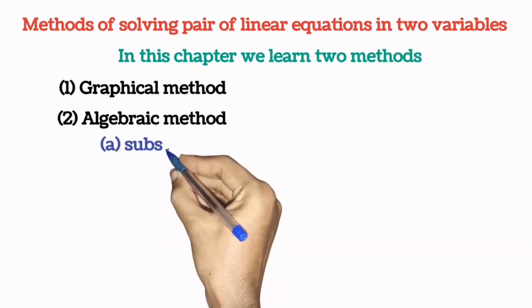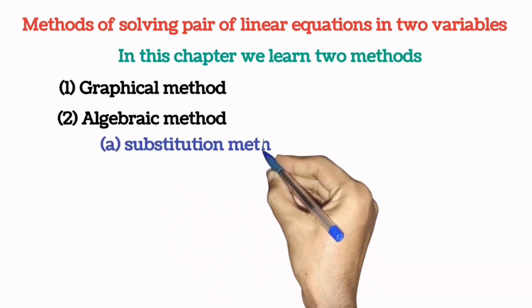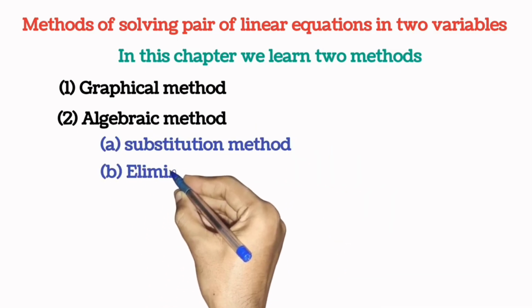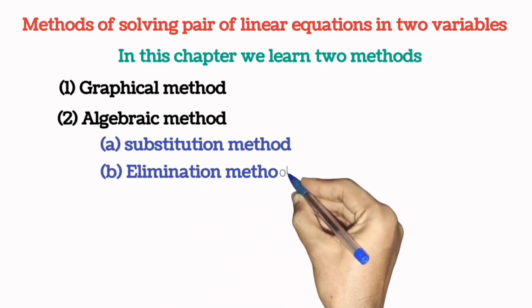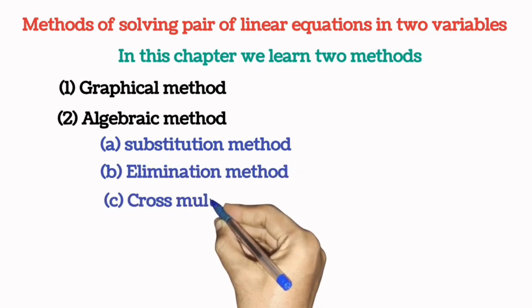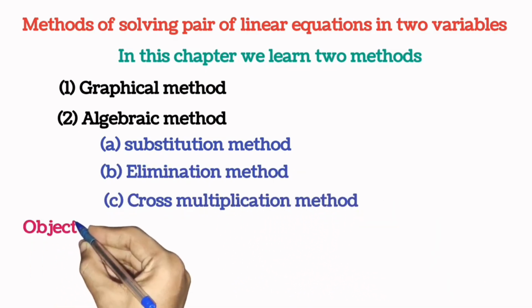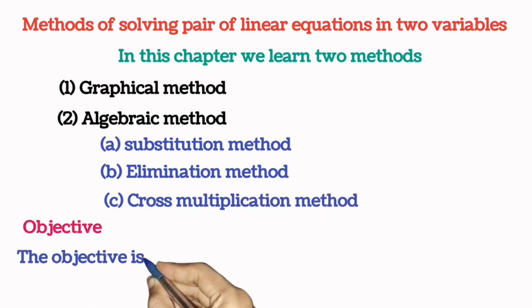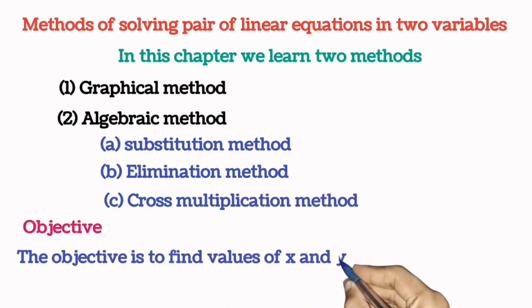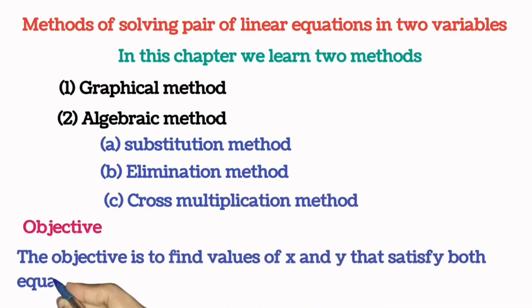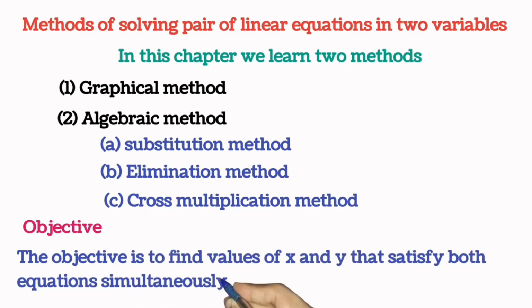Algebraic method contains A, substitution method, B, elimination method, and C, cross multiplication method. The objective is to find values of x and y that satisfy both equations simultaneously.